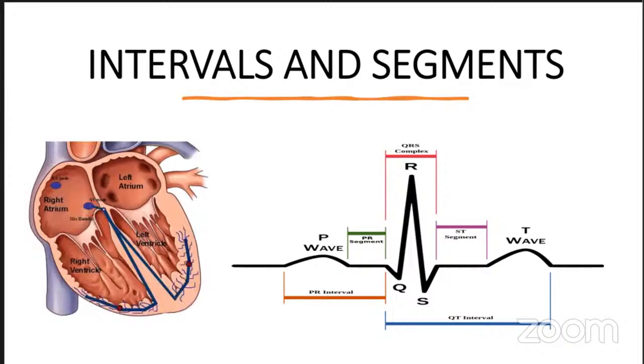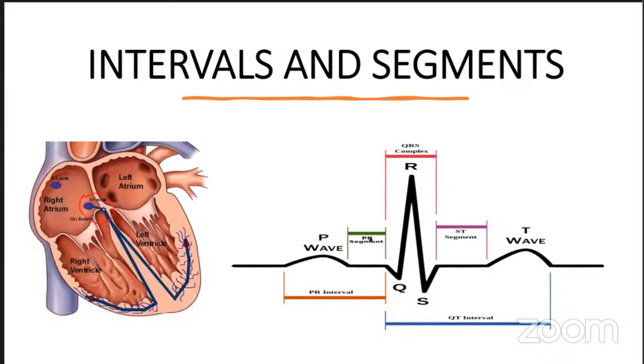And we said the current is going to go into the AV node. Because the AV node is going to hold the current for a little while, remember, you don't want the atria and the ventricles contracting at the same time. So that's why the AV node holds the current for a while, to allow for complete emptying of the contents of the atria into the ventricle.